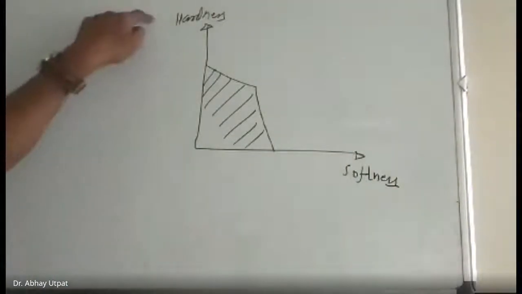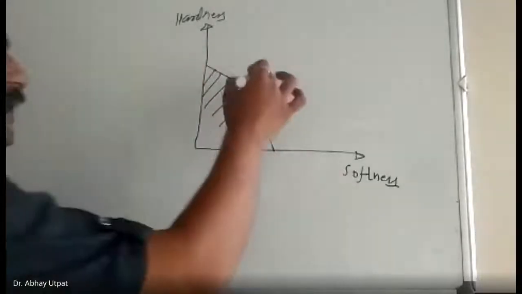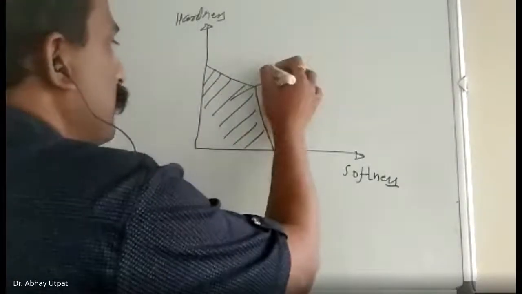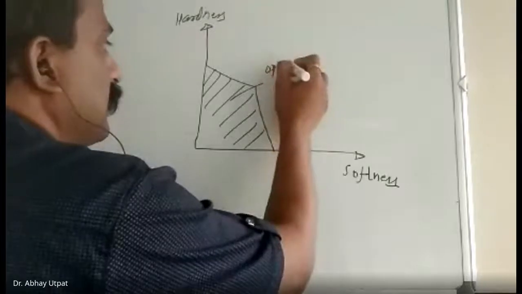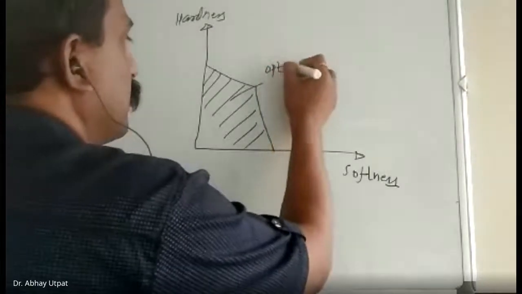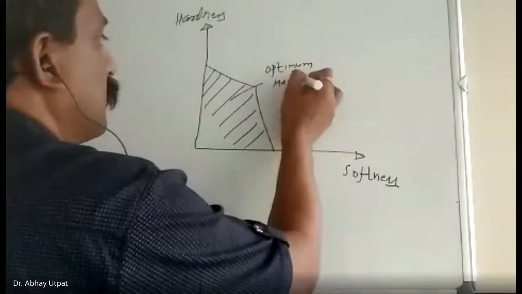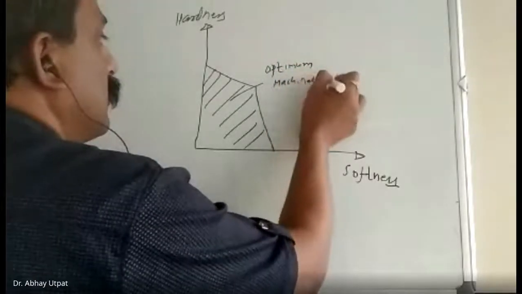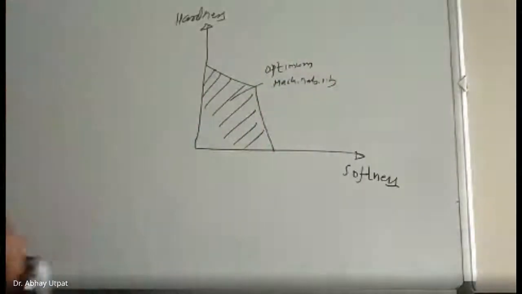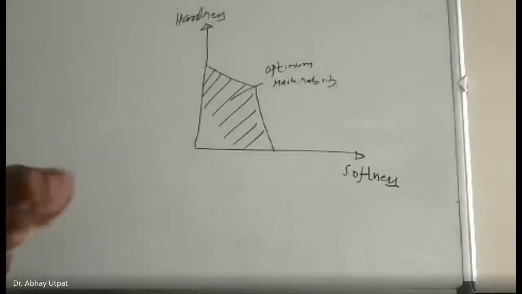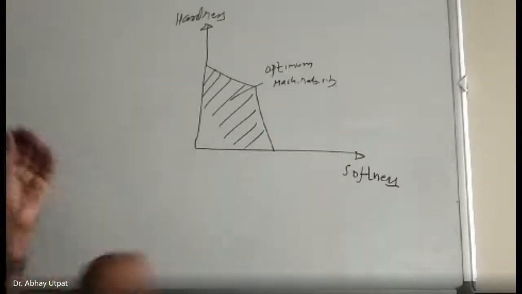This is hardness and this is softness, and this is the region of optimum machinability. What does this figure indicate?